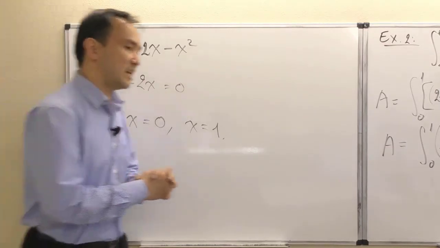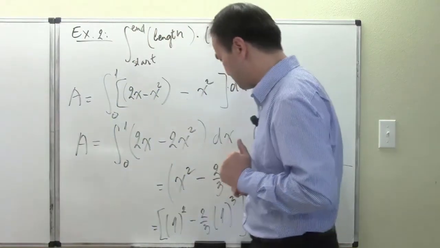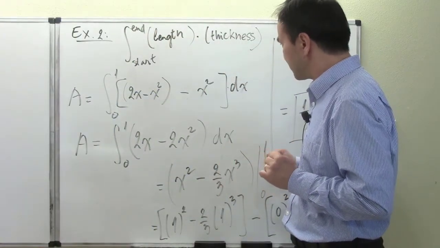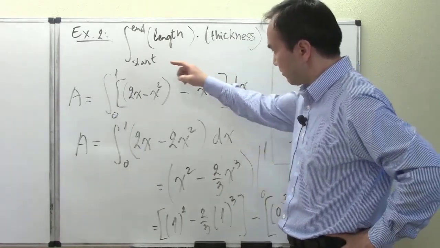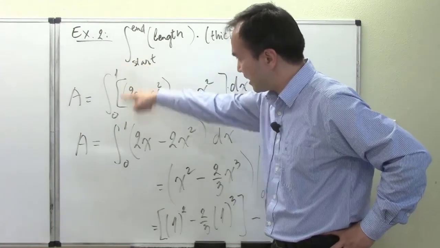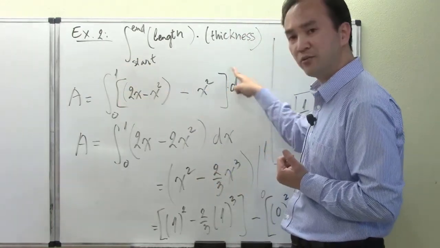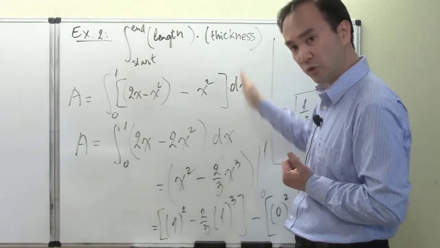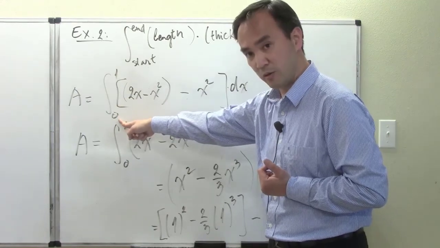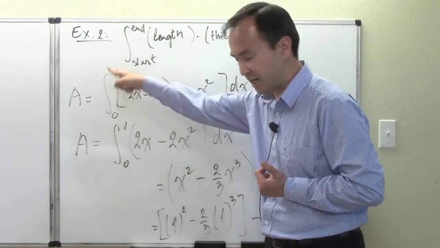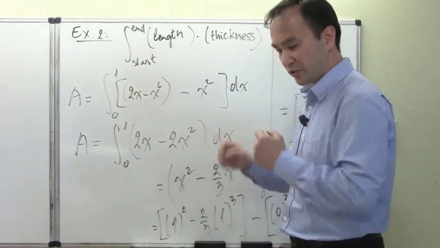Another experience I want to point out in this problem is, just like I explained earlier, after we found the starting point and the ending point, we narrow our attention. Of course, this is after we made the decision that we're using vertical stripes. Now we know this is the beginning of our accumulation of all those vertical stripes, and this is the end right here. As we accumulate from the left end to the right end, we restrict our interval.